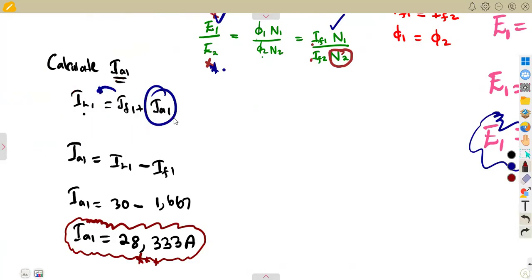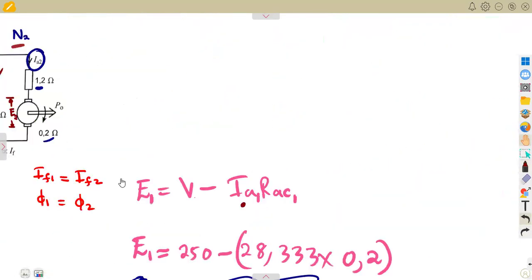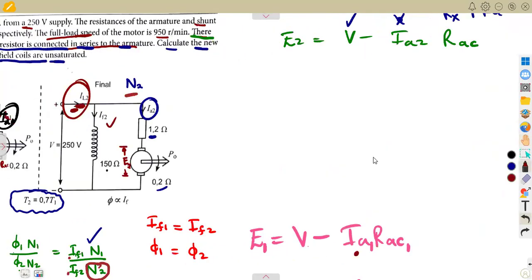So you can make the armature current the subject. But this way we are now limited because we do not have this supply, and it's difficult for us to get that supply for now. So we are going to have two unknown values in one formula, and that complicates our formula.